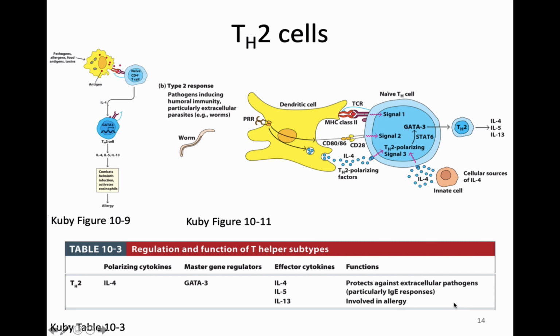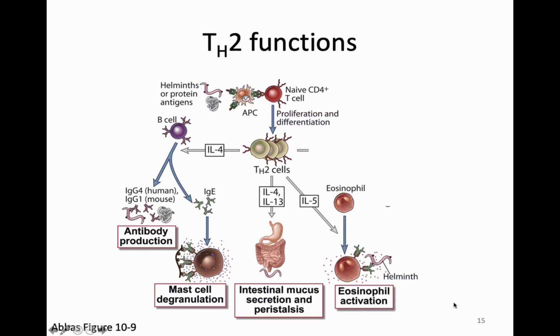Our Th1 cell that we talked about before was really good at protecting against intracellular bacteria. The Th2 cell, by contrast, is going to be really important for protecting against extracellular pathogens. The cytokines made by Th2 cells are going to help B cells with antibody production.